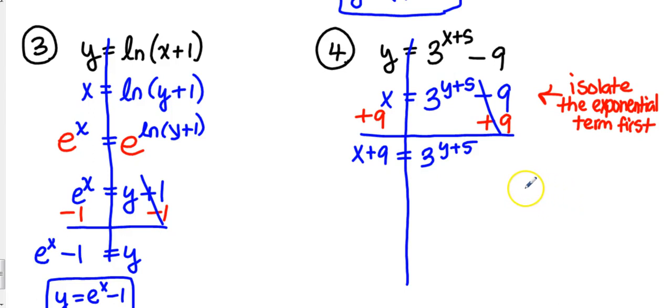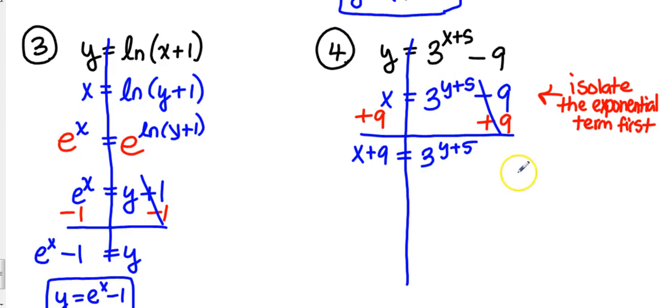Now that the exponential term is by itself, I'm as far as I can go with adding or subtracting, multiplying or dividing. None of those 4 operations are going to help me. But I now know that the inverse operation of an exponent is a logarithm. Now, we can take log base any number we want.